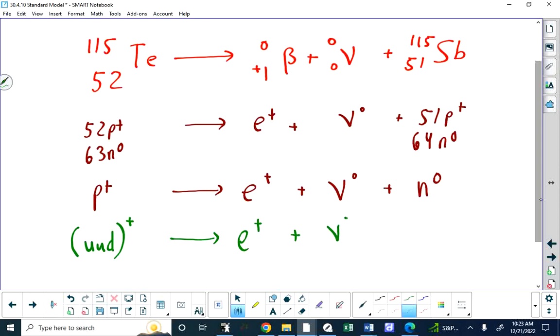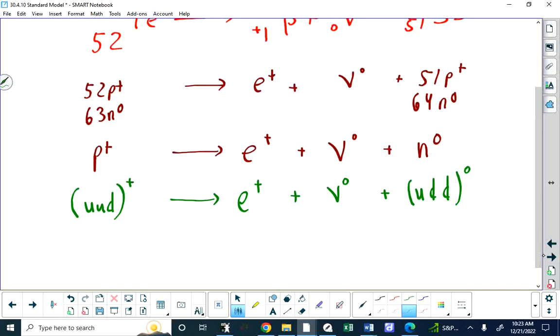We have the neutrino, which is neutral, the neutron, which is an up-down-down, with a total charge of 0. And again, everybody, don't forget, when I say that up, down, down is 0, that's only because the up quark is positive 2/3 and each down quark is negative 1/3. There are individual charges in here.